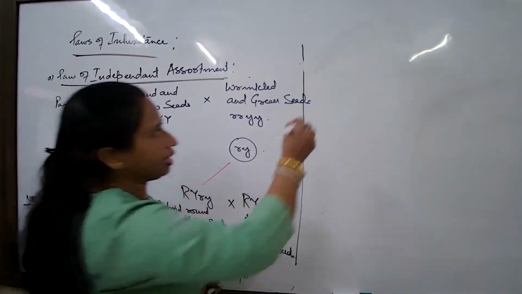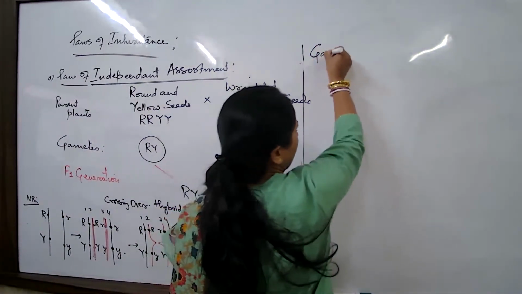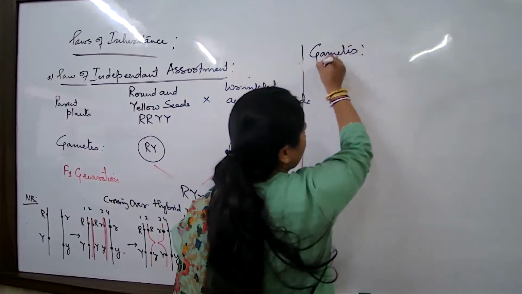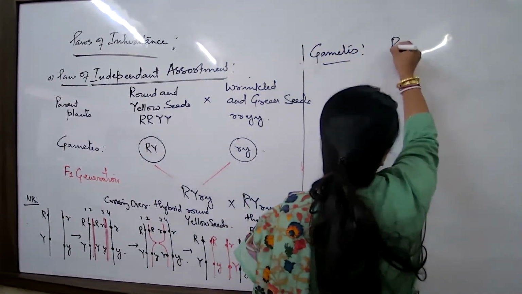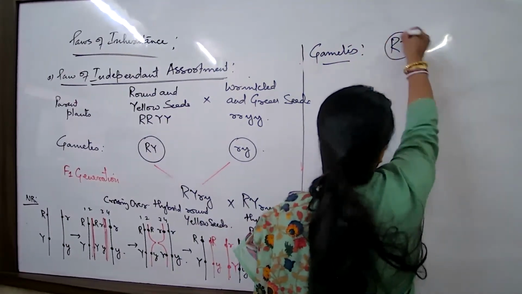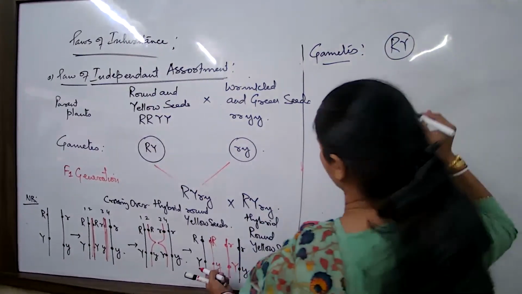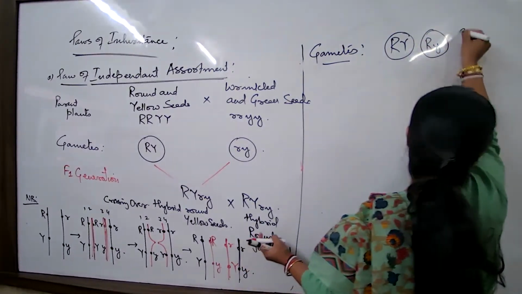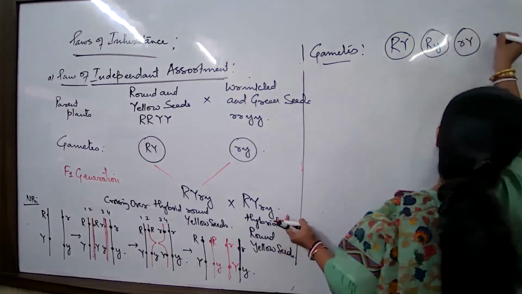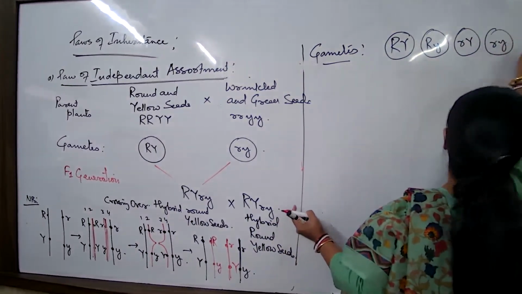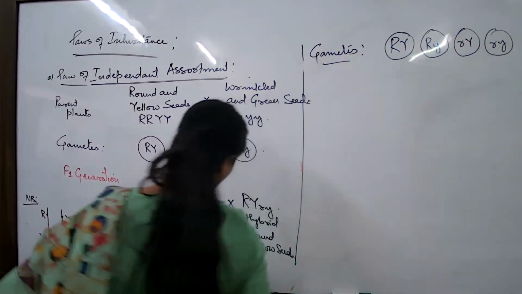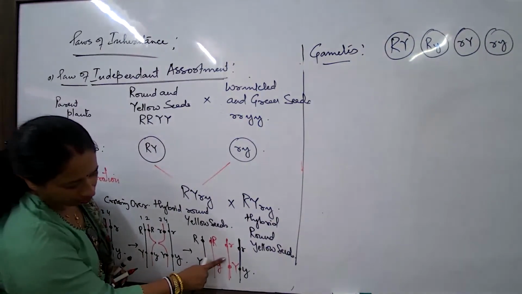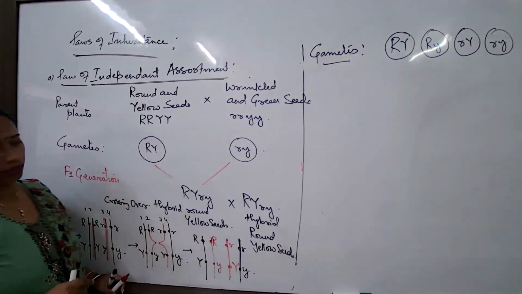Now I want to write down the gametes of F2. What are the gametes of F2? One is capital R, capital Y. This is the first one. What is the second? Capital R, small y; small r, capital Y; small r, small y. Is that correct? 1, 2, 3, 4.